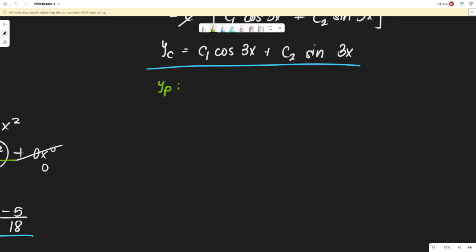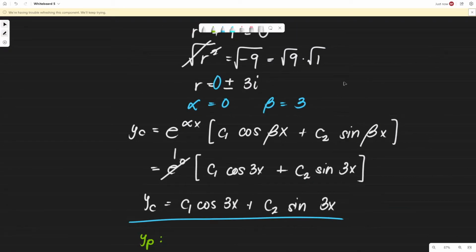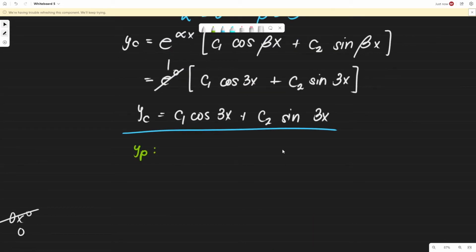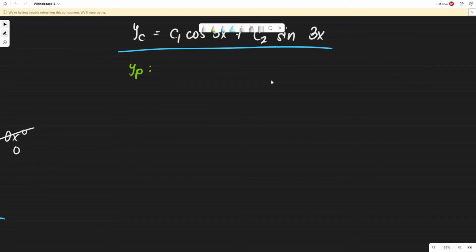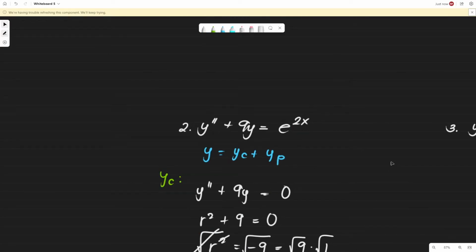For yp, since our right side is an exponential function, right? Is it an exponential function? Yes, exponential function. So that is what we will use for yp. So yp, or y, is equivalent to Ae raised to 2x, since that is the exponent of our exponential function based on the given.